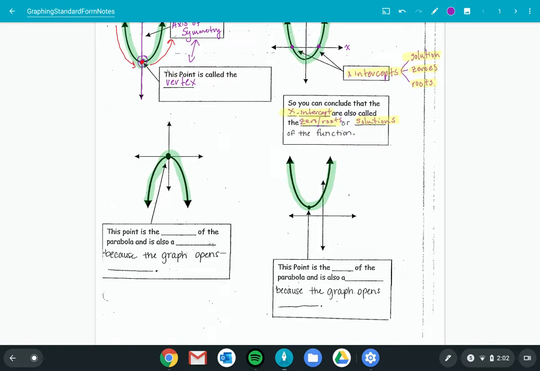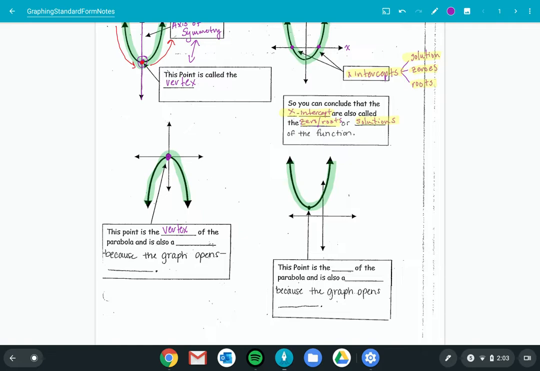So these 2 parabolas in particular, these last 2 at the bottom, are slightly different. Both the same shape, both parabolas, but what's different is their orientation, or where they are opening. The one on the left here is open down. Now, if you look at it, the vertex is in a different position. The vertex, in this case, is the highest point on my graph. Hopefully you agree with me, because if you look at the arrows of the graph, they're both going downward after that vertex.